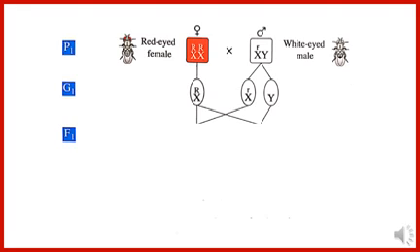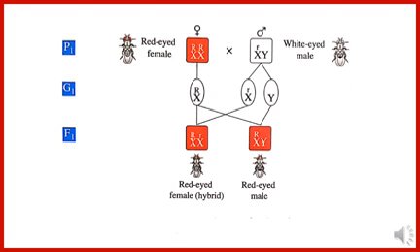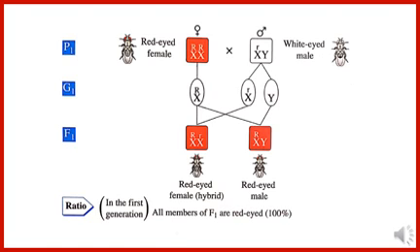When we cross them together, we will have a female XX with R capital and R small, and a male XY with R capital and nothing on the Y chromosome. And here the ratio will be 100% red-eyed.